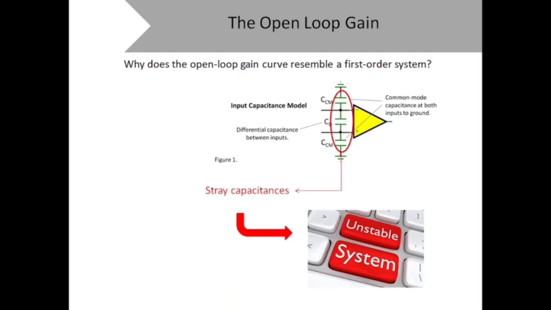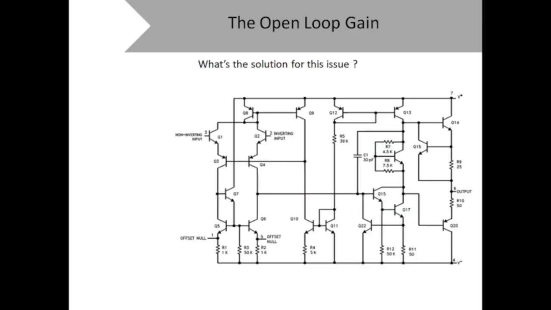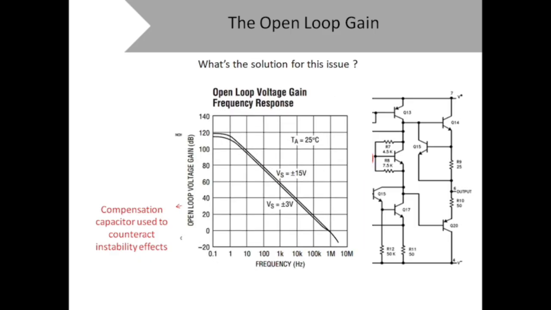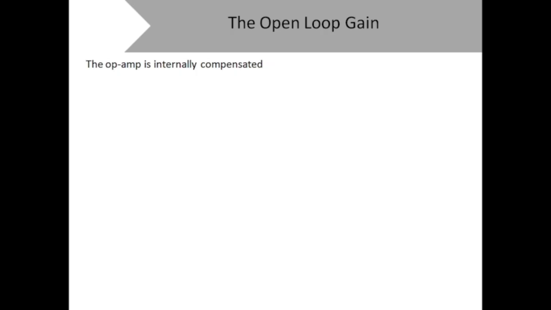To counteract these effects, op-amp designers add an internal compensation capacitor. This capacitor forces the amplifier to exhibit a first-order response over a wide frequency range. This is why we say the op-amp is internally compensated.